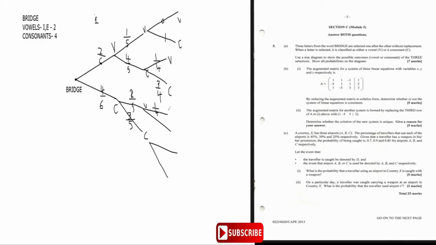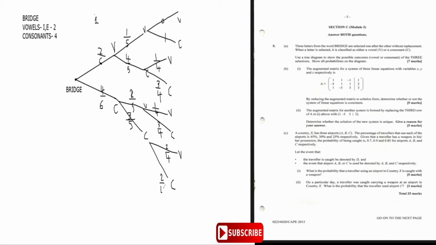And if you choose a consonant right here, then you'd have 3/4. Now, if you choose consonant, then consonant, then the chance of you getting a vowel now would be 2/4, and the chance of you getting a consonant here is also 2/4.